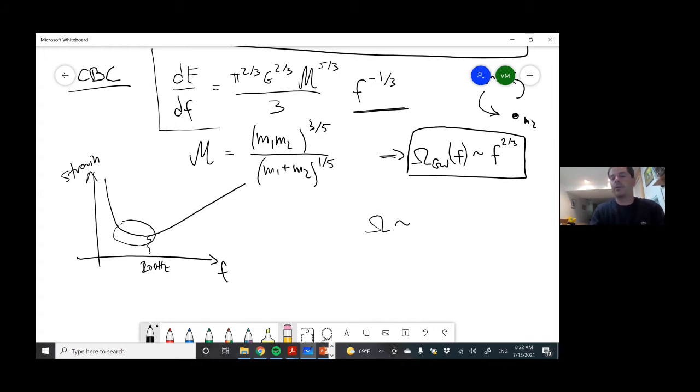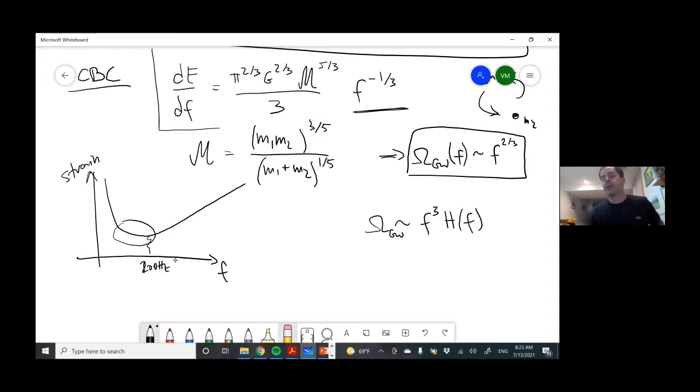Omega of the gravitational waves behaves like f cubed times h of f, where h of f is the strain power. So this factor of f cubed really pushes us to even lower frequencies. So most of the sensitivity in the stochastic searches will actually come from 10 or 20 to 50 or 60 hertz.